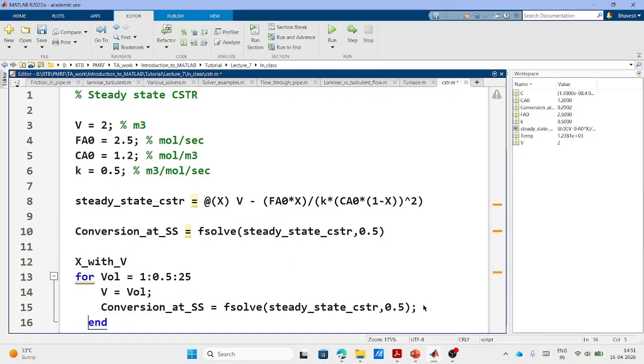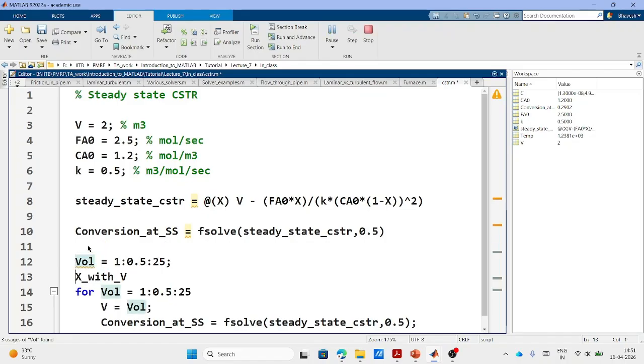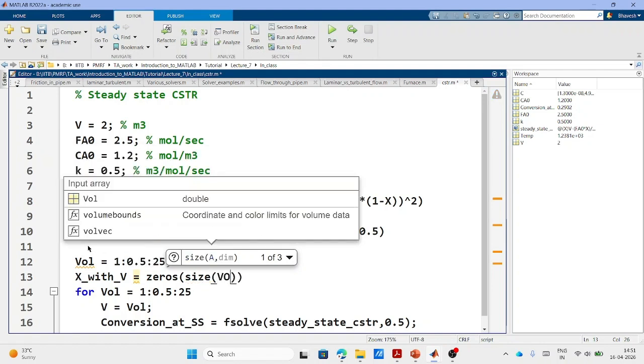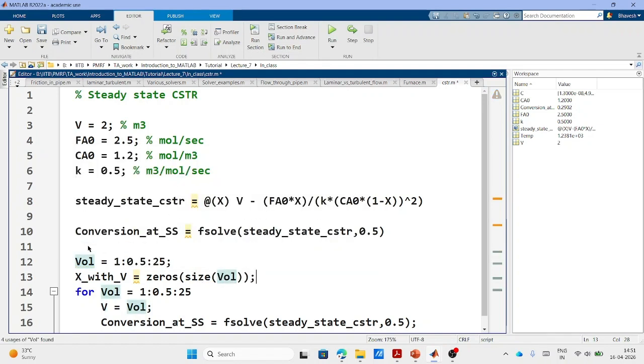Right now, let's not go into different variable lengths. So I'm creating one volume vector, and I'm creating one vector of zeros that has the size of the volume vector.